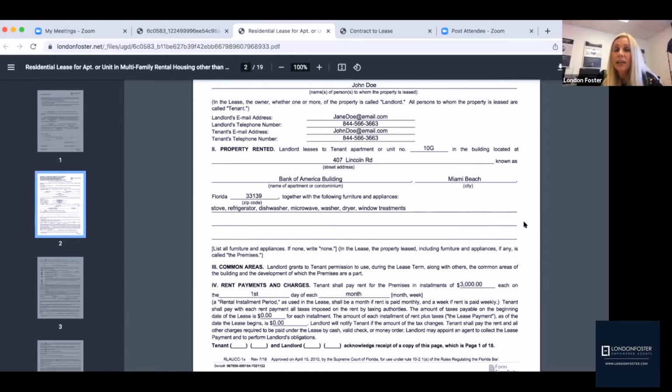Again, these last two years have taught us a lot. We may have had people in the hospital. We may have had people pass away. So this information has to be here in case the tenant moves or the owner relocates.